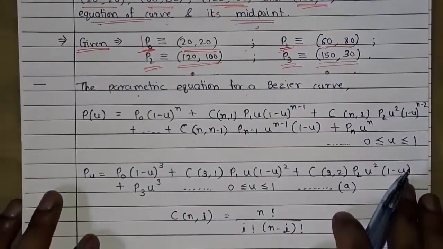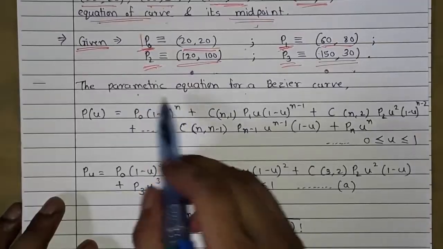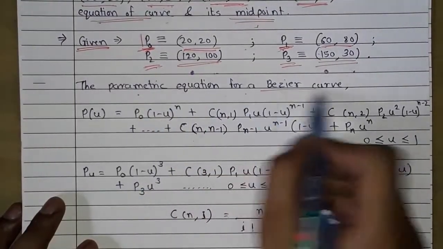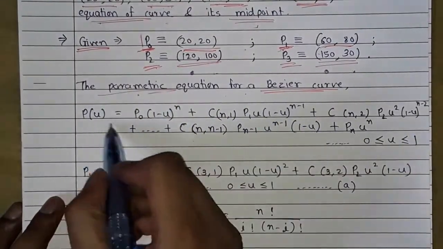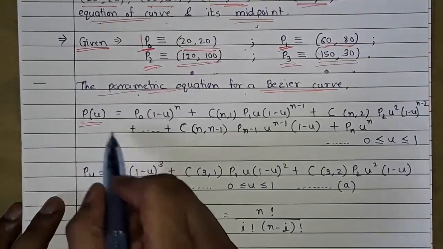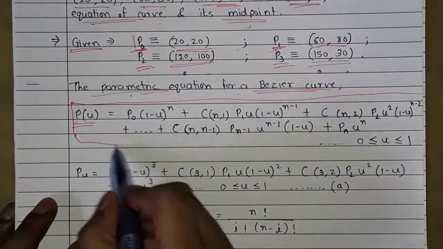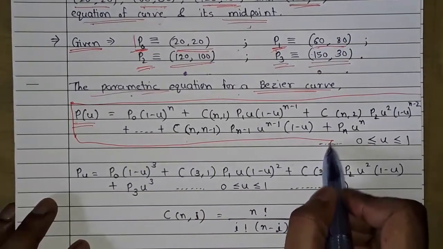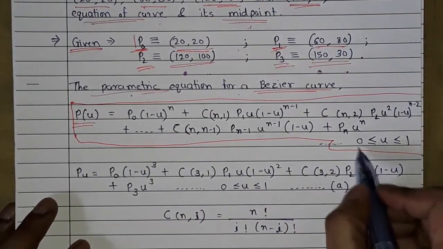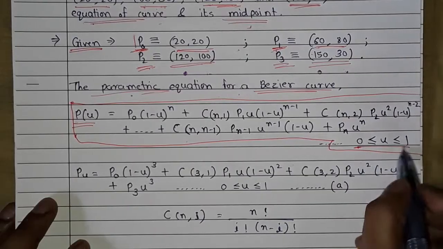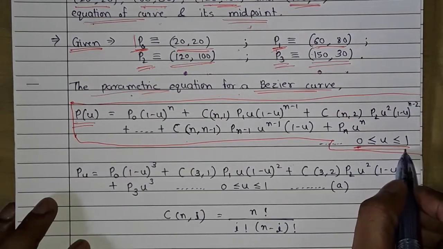Now here friends, the parametric equation for the Bezier curve, which is the general equation we have written here. This is the general parametric equation of the Bezier curve for 0 ≤ u ≤ 1.